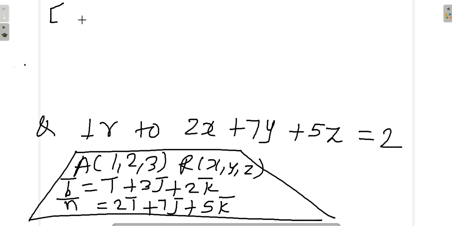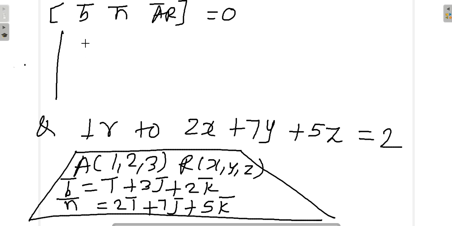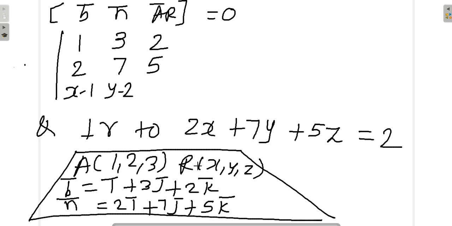The box product of AR bar, B bar, N bar: so we have 1, 3, 2, 2, 7, 5. And what is AR bar? AR bar will be x minus 1, y minus 2 and z minus 3.